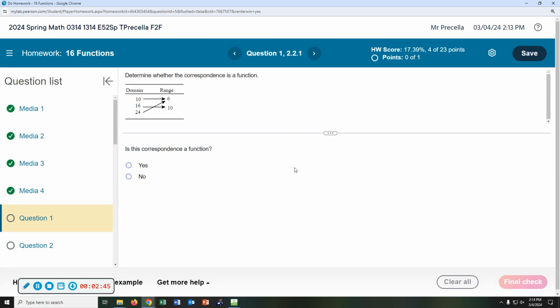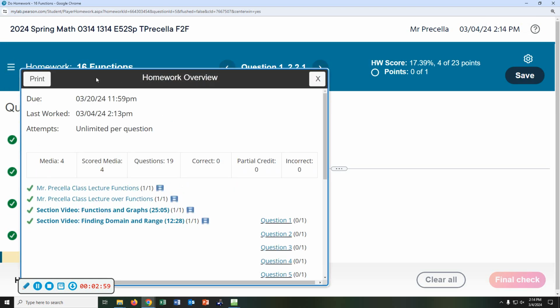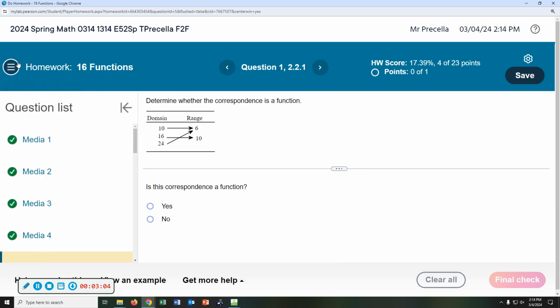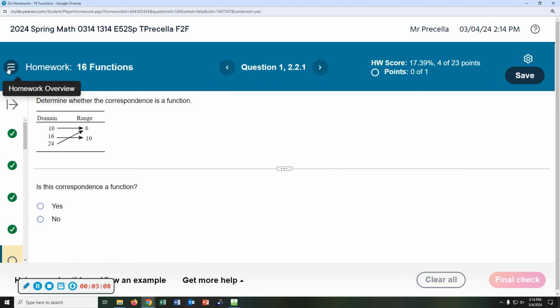Once we get the first one pulled up, it should go quicker. Can you zoom in a little to make it bigger? What does this thing do? It opens up the menu. Oh, the homework over here. Okay, so let's see.